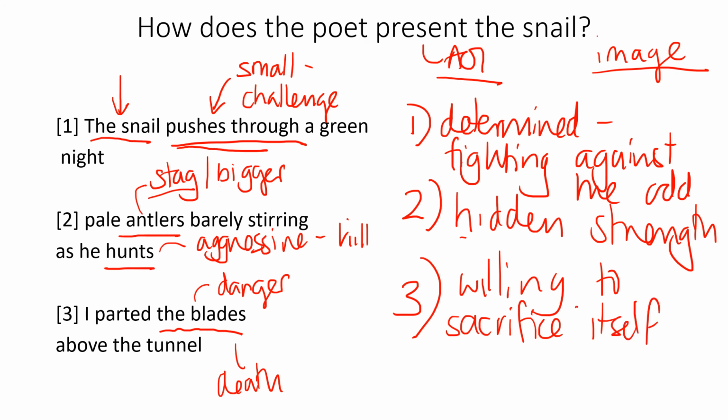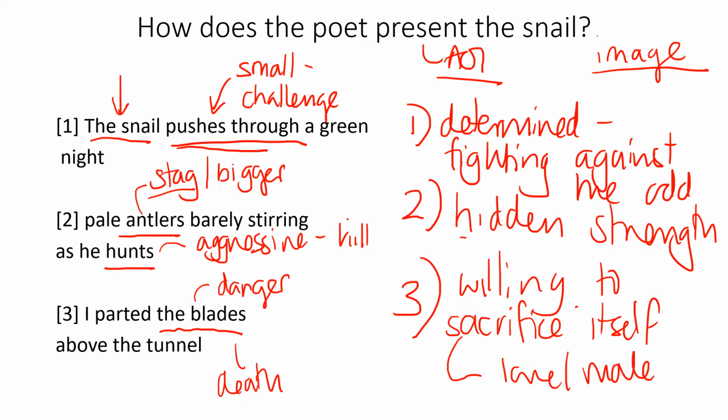This going through this dangerous, and obviously we talked about blades and death. So is this snail willing to sacrifice itself for love or to find a mate? And so you can see how we've got the formation of a plan there.